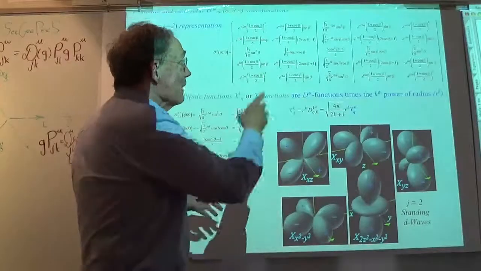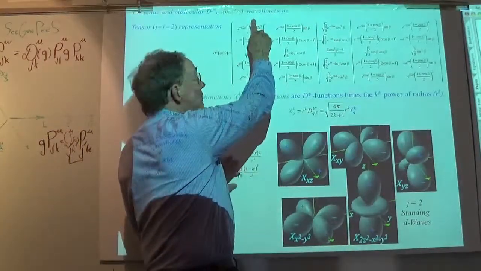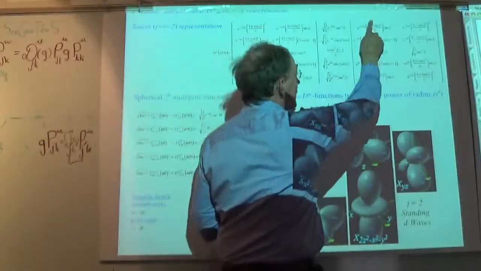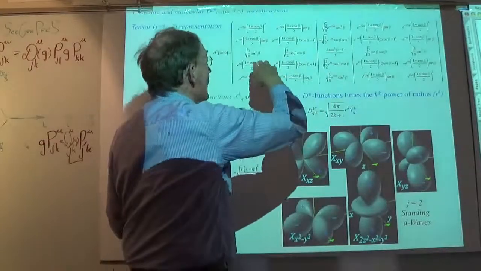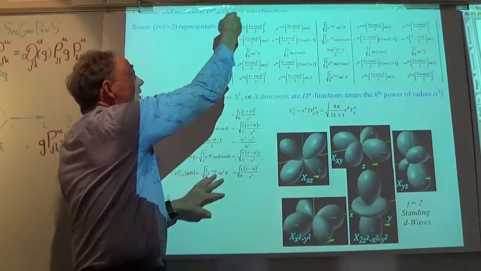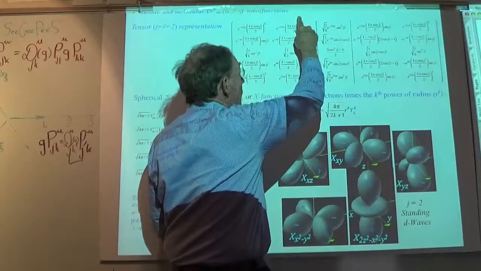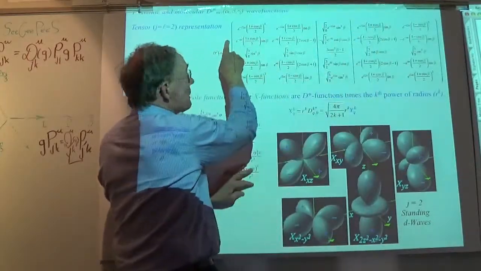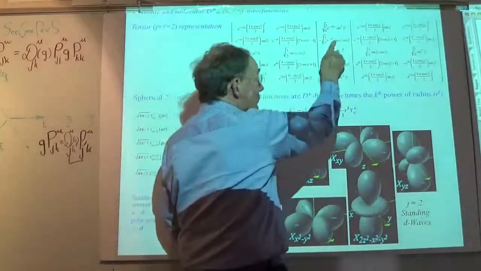But basically, you've got to realize that this is a matrix of components 2, 1, 0, minus 1, minus 2. That's the m equal 2, n equal 2, 1, 0, minus 1, minus 2, and then m equal 1, you see, n equal 2, 1, 0, minus 1.